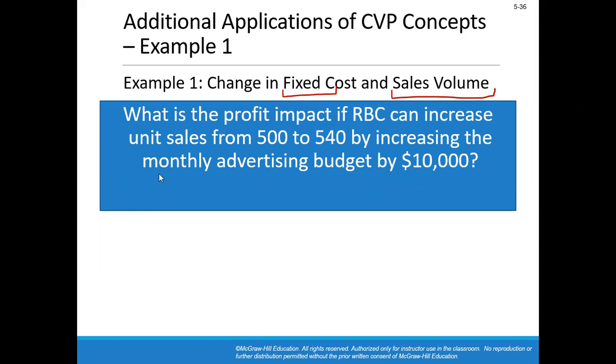From this information, and I believe you have learned what the base information is, should there be any changes in the contribution margin ratio for the changes of sales unit and for the changes of fixed cost? No. Okay, in that case, our contribution margin ratio equation can be helpful for us. Let's try to use this.